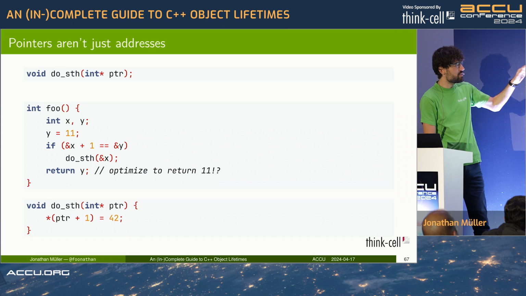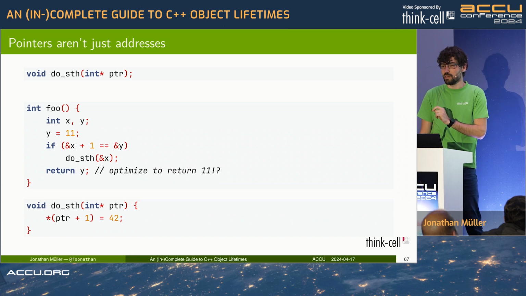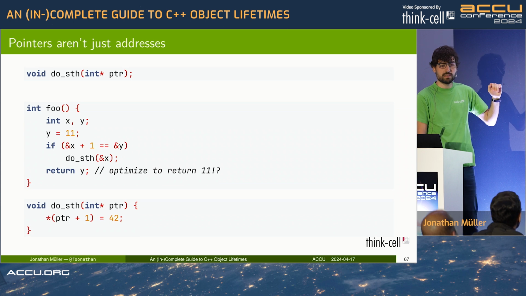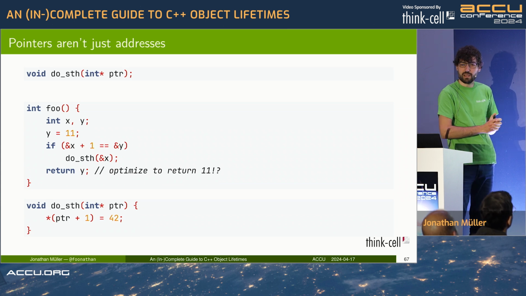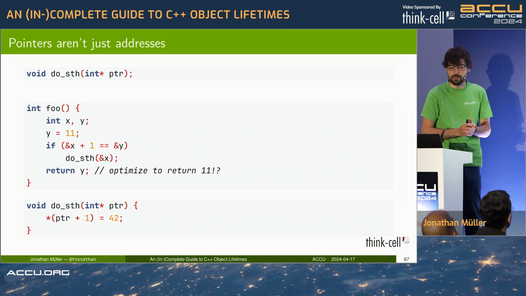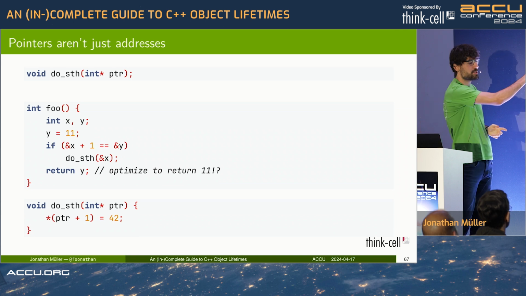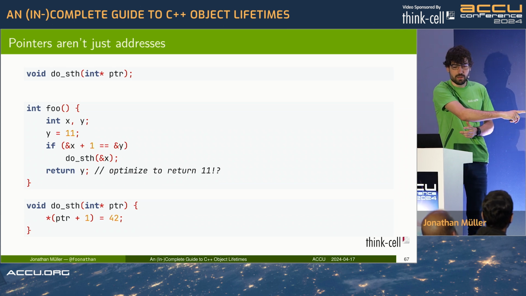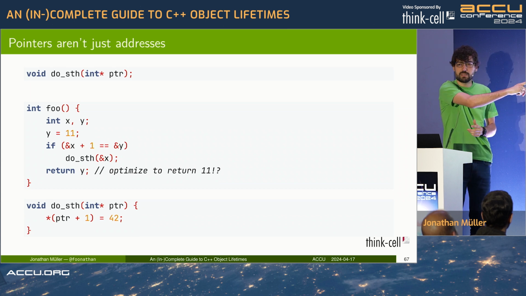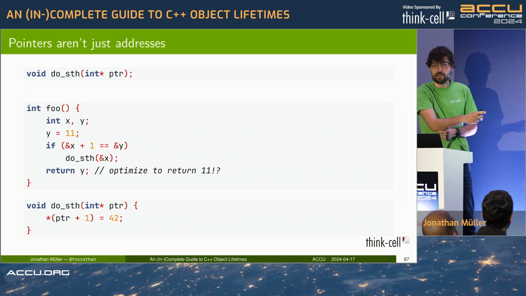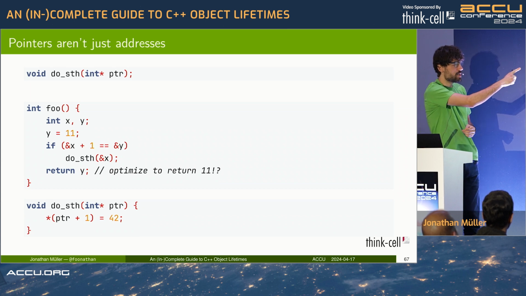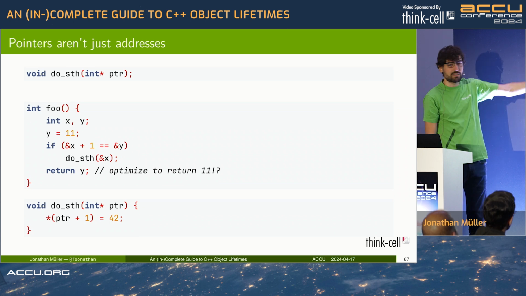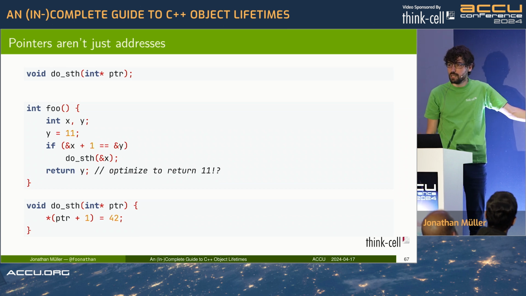If the address of x plus 1 is the address of y, we call do_something. And do_something modifies whatever is stored at address of x plus 1, sets this to 42, and we know that this is the address of y. So this sets y to 42, right? Which means that the return 11 optimization is definitely broken. Because if we reach this condition, y has been set to 42 by this code. Because that's the address of y that we're setting here, right?